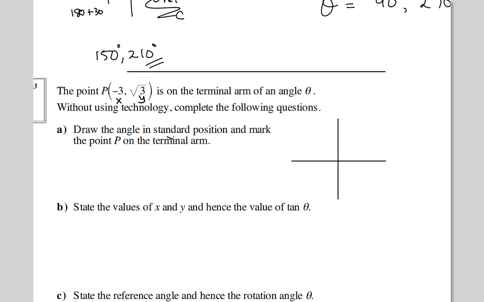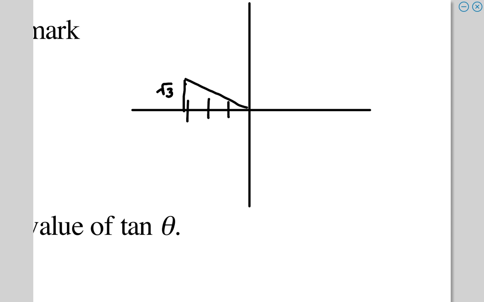So you got to go left and up. So 1, 2, 3. And I know 3 is going to be bigger than root 3. So root 3, I have no idea where it is, but I know it's going to be smaller. So the up, this root 3, is a smaller distance than this left 3.